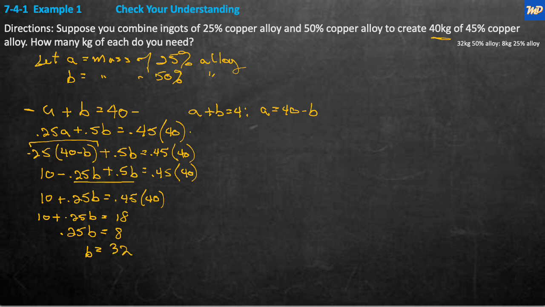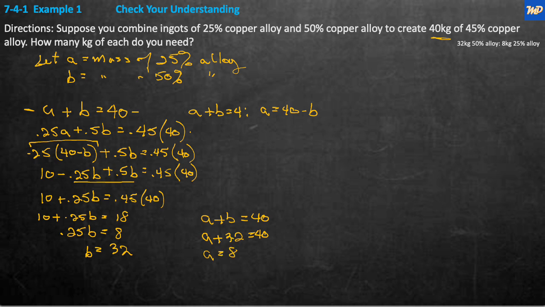So B is 32. If B is 32, go back up to our equation up here. We can just do it right here. A plus B is equal to 40. And we know that B is 32. A plus 32 is equal to 40. A must be equal to 40 minus 32, which is 8.